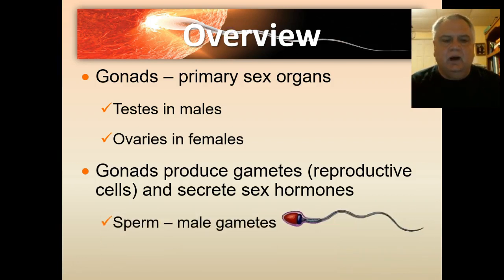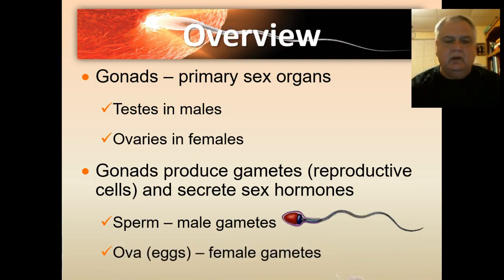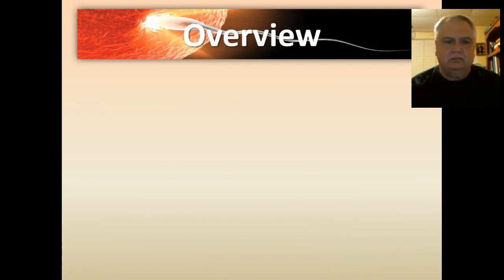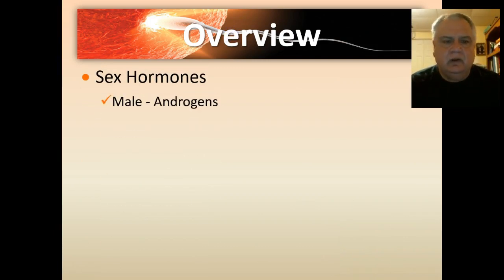So the gametes, the male reproductive cells, are referred to as sperm, and the female reproductive cells are the ova or the eggs. As far as the sex hormones are concerned, in males, the sex hormones are called androgens. Androgens are hormones that produce the secondary sex characteristics.